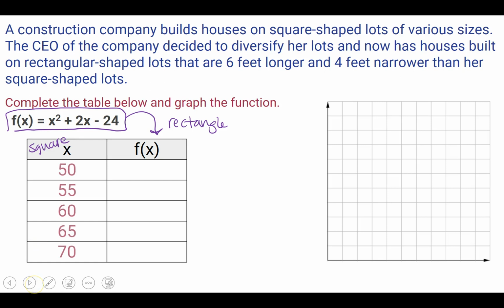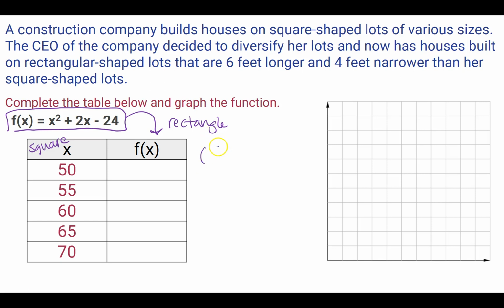We're going to use 50, 55, 60, 65, 70. That's the side of a square, right? If we plug that in, we can find the area of the rectangle.